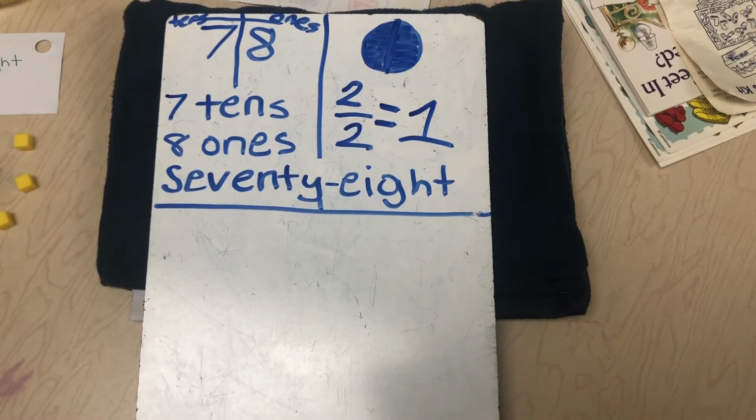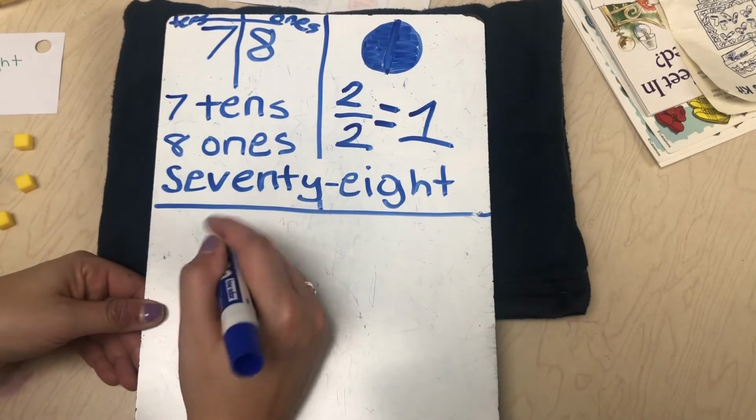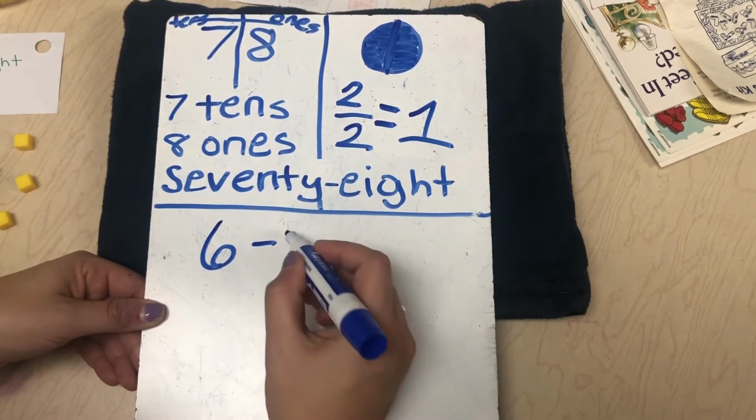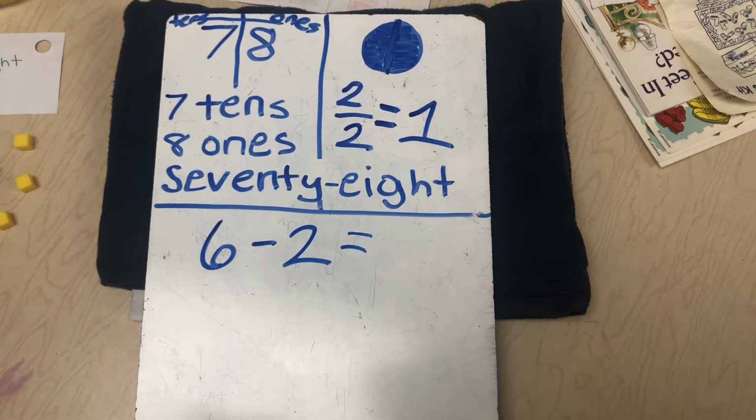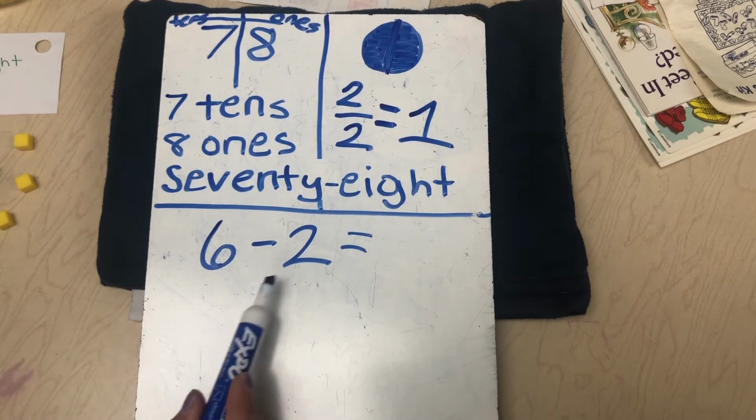Okay, we are going to move on to the bottom. I've had some suggestions to do a subtraction problem. So I'm going to do 6 minus 2. For a subtraction problem, you want to emphasize on taking away.